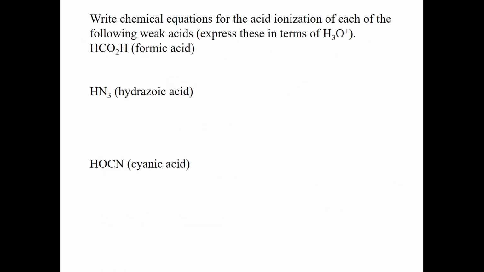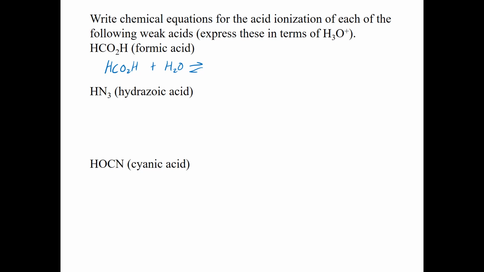This one wants you to write the chemical equations. I'm going to add to that. We're also going to write the Ka expression for this. So this is typical. It gives you a formula and asks you to write the acid ionization. So I start out by taking the acid plus water. I'm always going to add water. My equilibrium, which is 2 reaction arrows.